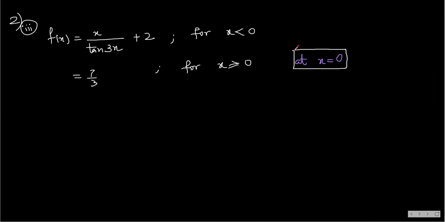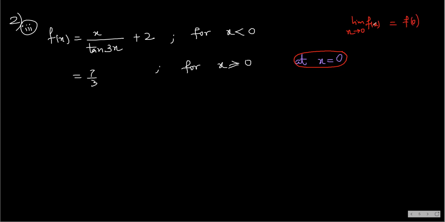You have to examine at x equals 0. So at x equals 0, what is the definition of continuity? Please just remind yourself. A function f of x is said to be continuous at x equals 0 if the limit of f of x as x tends to 0 equals f of 0.